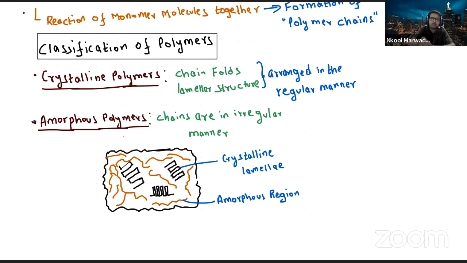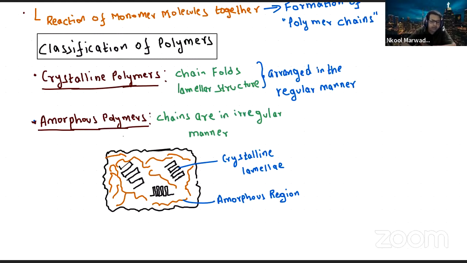In this compound which we are seeing, at the same time, some of the chains are following a structure, and some of the chains are not following a structure at all. So in this compound itself, we see crystalline property as well as amorphous property.